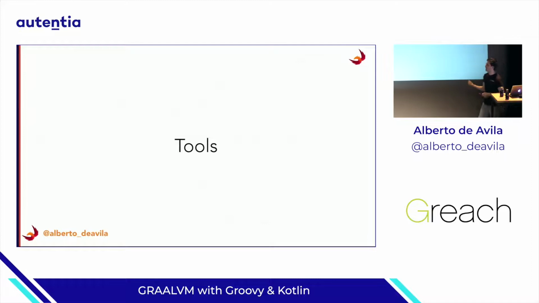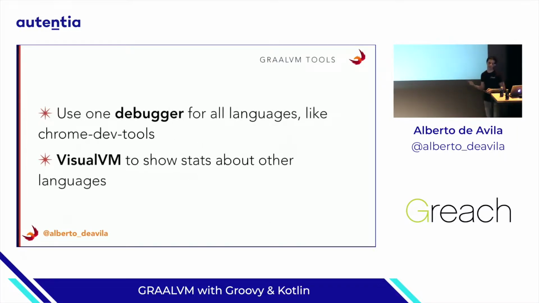Tools. This is something that not many people know about GraalVM. With GraalVM, you can use the debugger from, for example, the Chrome Dev Tools to debug code in languages other than HTML or JavaScript. We can, for example, debug Ruby code or Java code or some others. And we can use a tool from the Java ecosystem like VisualVM with a Ruby application.